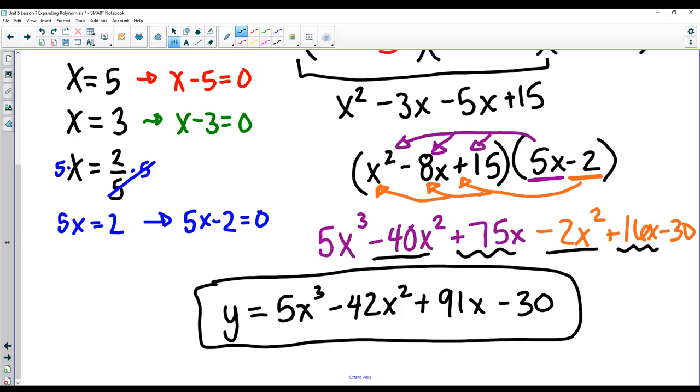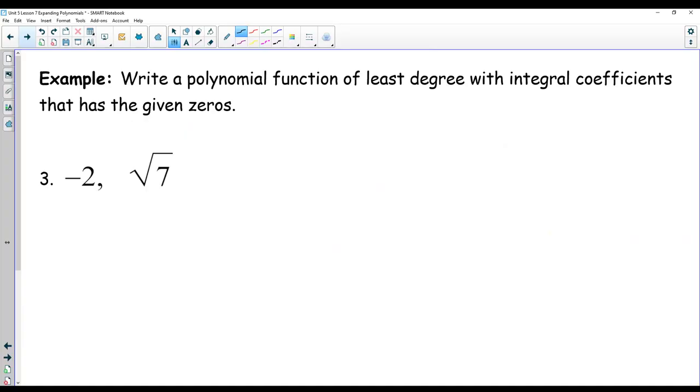Okay, the next couple of examples I have, one deals with an irrational, a square root, and one of them deals with an imaginary. All right, so we have x equals -2 and x equals square root of 7.